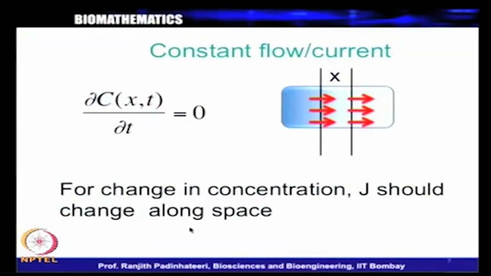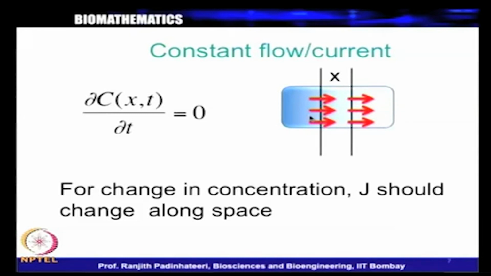Okay. So, now that we know, what does it imply? That implies that if you want the concentration in this place to be changed, the J should change. That means whatever comes in should not go out. So J should change along space. That means the flow here should be different from the flow here.